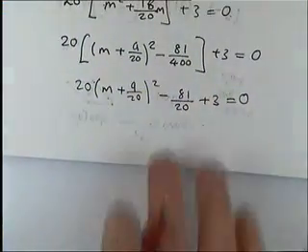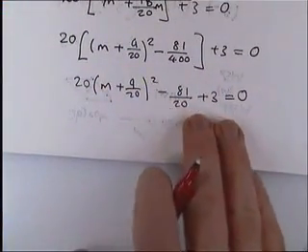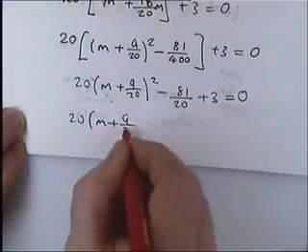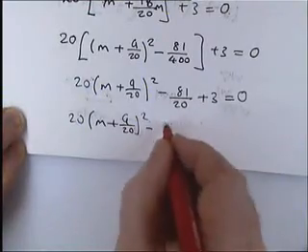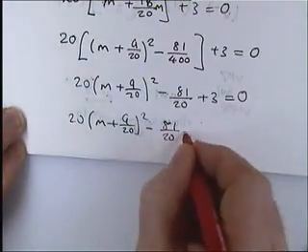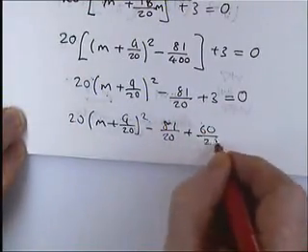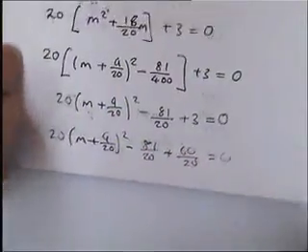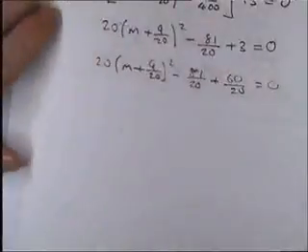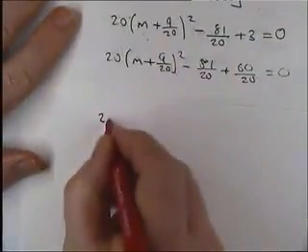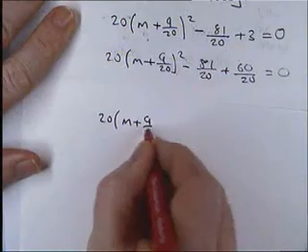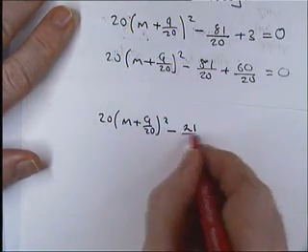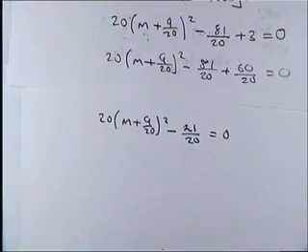And then we work out what minus 81 over 20 is. Now that's going to be minus 81 over 20 plus 60 over 20, because 3 is 60 over 20, and I've made the common denominator now, which is going to give me 20 times m plus 9 over 20 squared minus 21 over 20 equals 0.